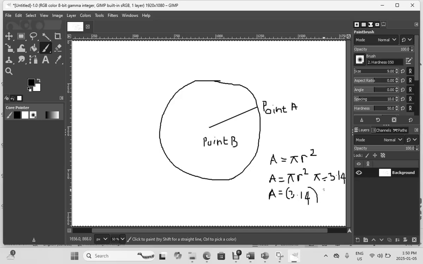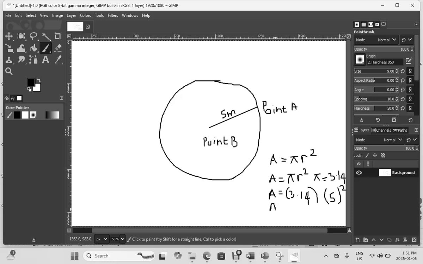times your radius squared. Now let's say the length of this line from point A to point B is 5 meters, and you want your area in meters squared. So your radius is 5, and then you have a square on top, raised to 2.